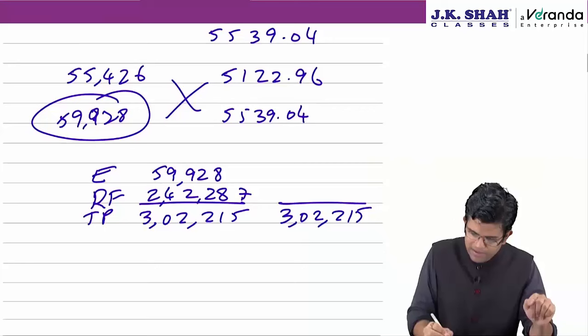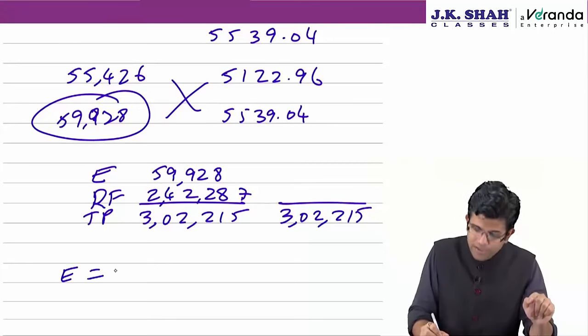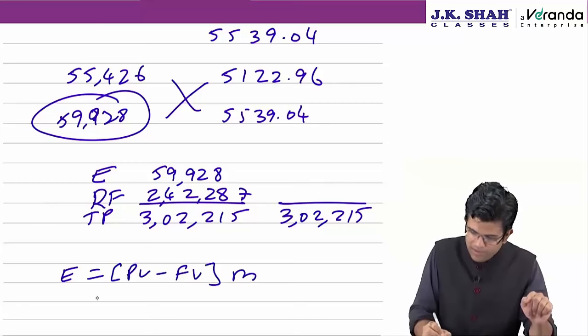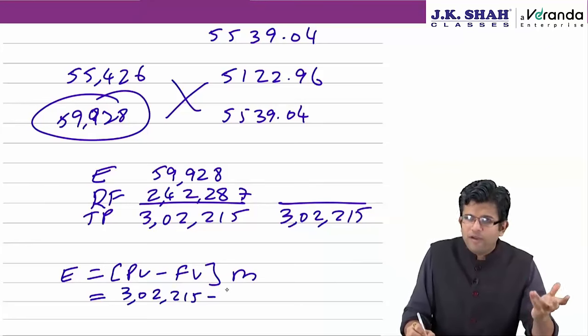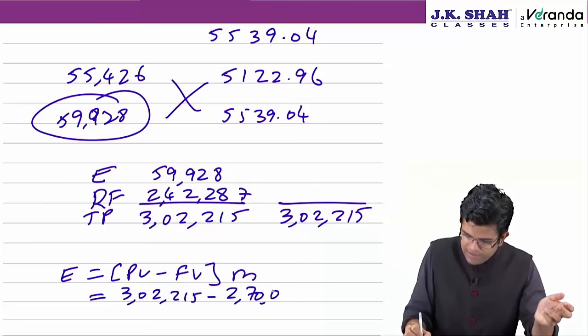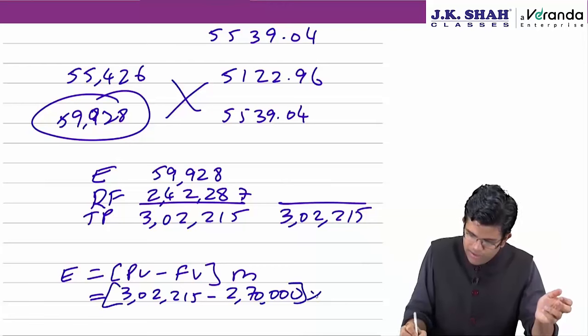Now how do I rebalance? The equity component should be equal to portfolio value minus floor value into the multiplier. Portfolio value, students, is 302,215 minus the floor value we already knew was 2,70,000, the whole into 2, correct?